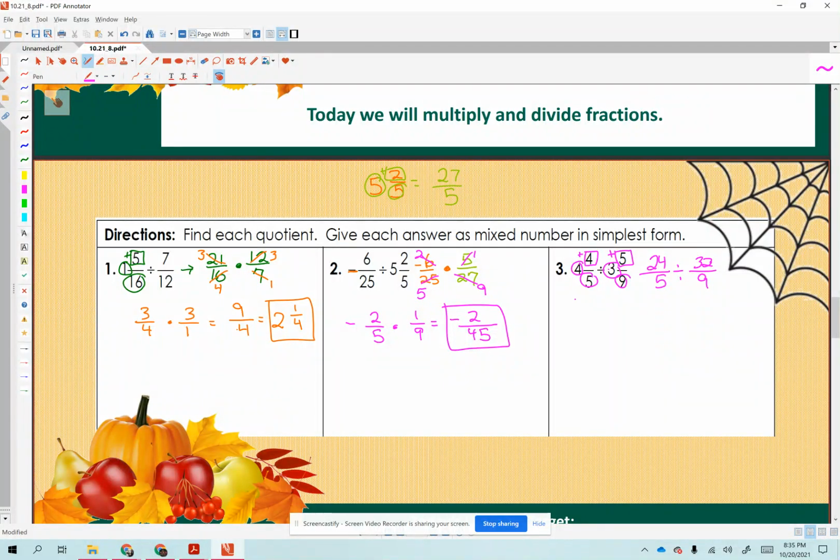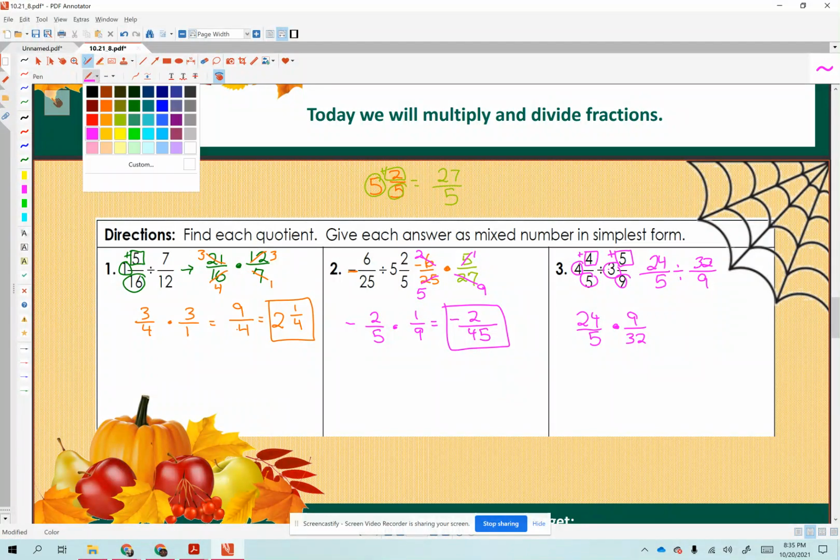So now we'll rewrite this where we keep the first fraction, change the division to multiplication, and invert the second fraction. As to the 9 and the 5, we cannot really simplify, but I can divide the 24 and the 32 by 8. Those are each divisible by 8.